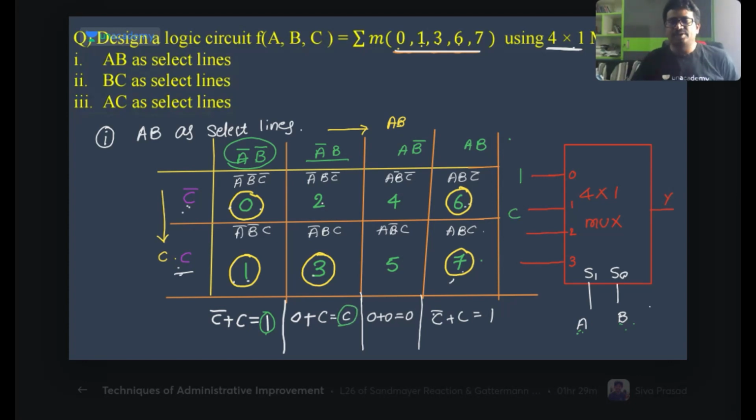C, so we need to connect C here. Next, the other combination A B bar: here we have 0, so connect 0 here. Next, the A B case, here it is 1, so connect 1 here. Then we'll get the required circuit. We are able to implement the required logic function. That's all.